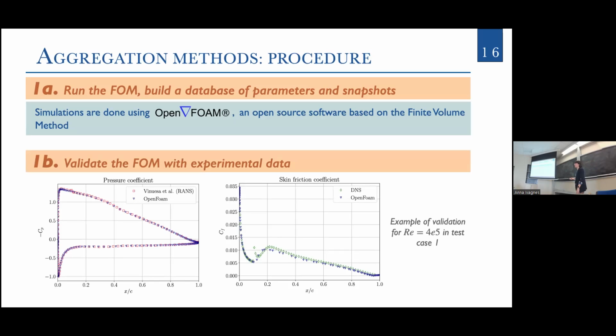This is another coefficient named skin friction coefficient. This second coefficient depends on the wall shear stress, basically, so another measure of the wall shear stress. And you see that the data fit well with the other data that we took from other papers. This one is from another reference simulation, and this one is from a DNS. So we were happy with these results.